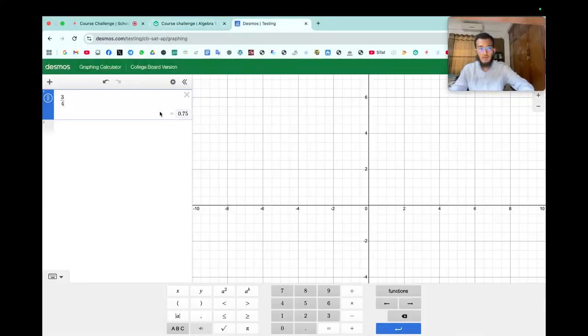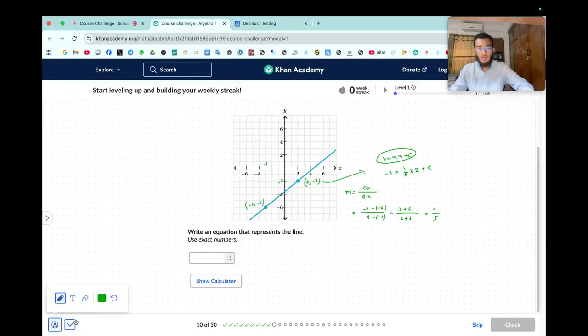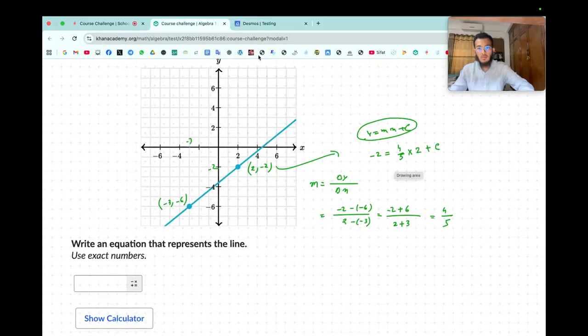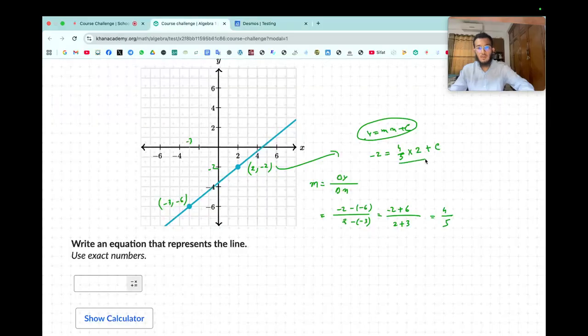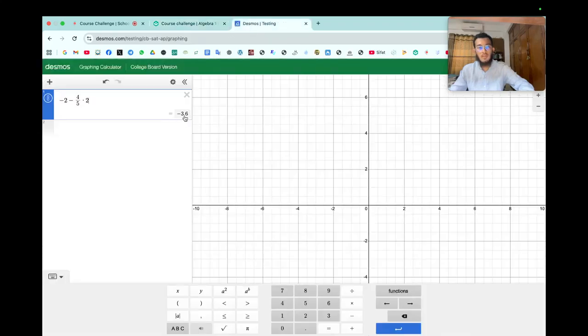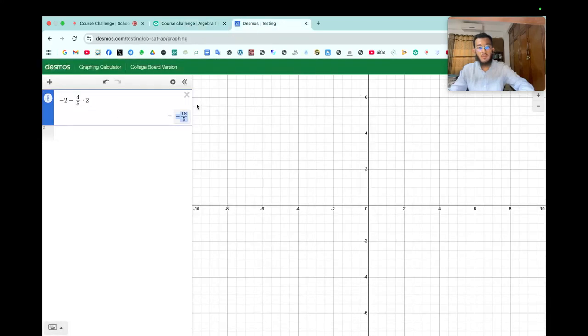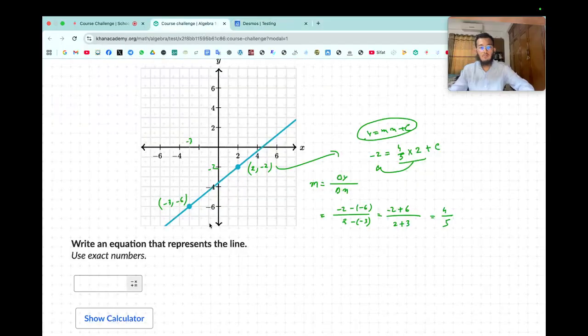I prefer Desmos: negative 2 minus 4 by 5 times 2. Negative 4 by 5 times 2 is negative 3.6, but for the exact value, negative 18 by 5.